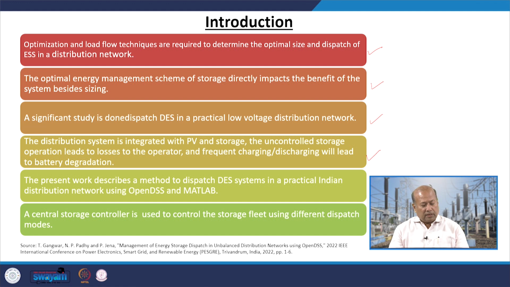The present work describes a method to dispatch distributed energy systems in a practical Indian distribution network using OpenDSS and MATLAB. So this is a very important part where you are going to see a case study which has been carried out within the IIT Roorkee campus, and that will be demonstrated very soon. So a central storage controller is used to control the storage fleet using different dispatch models.